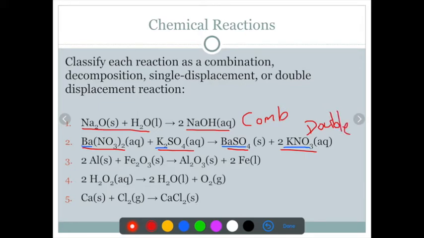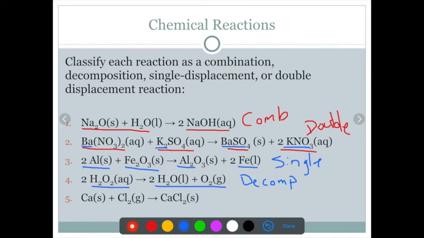Okay, double displacement. And then here we have a metal all by itself, and then another metal with a compound, and they switch places. So we know that this is a single displacement, because we just have one thing switching places. Then we have one reactant going to two products, so that's decomposition.